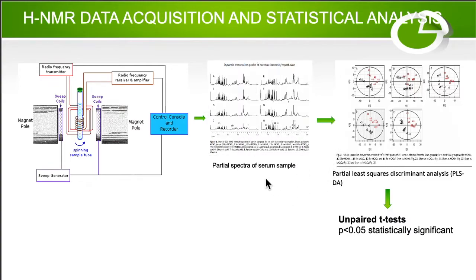And after that, they apply partial least squares discriminant analysis, or PLSDA. This allows discrimination between metabolites and identifies the metabolites.